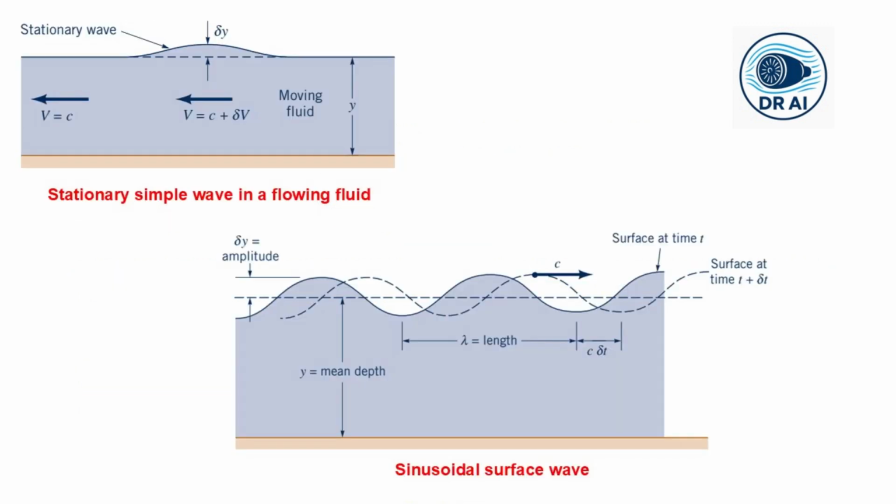Now, our derivation was for a single solitary hump, but what about the complex rolling waves we see on the ocean? Here we introduce the concept of sinusoidal waves, as displayed in the figure.